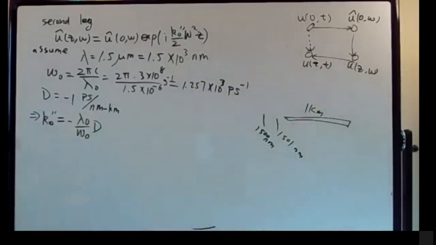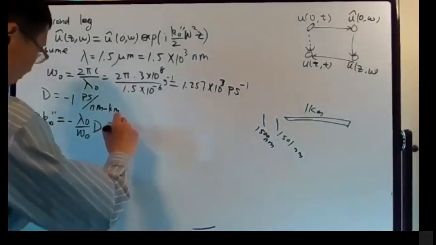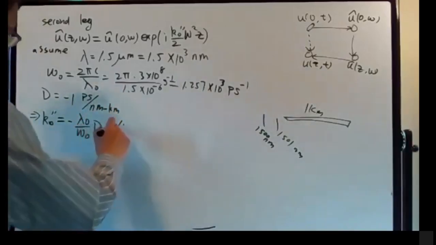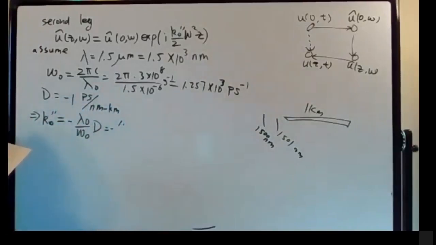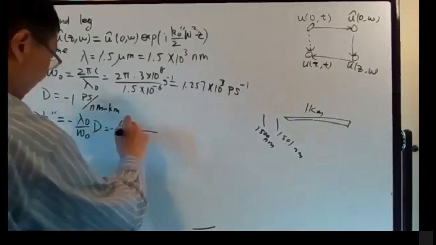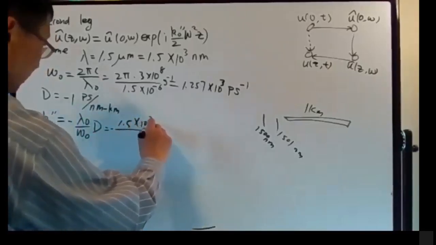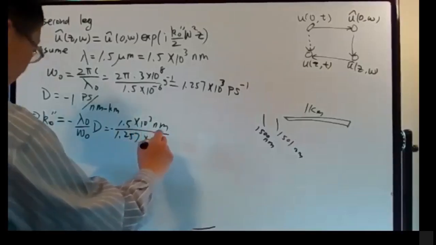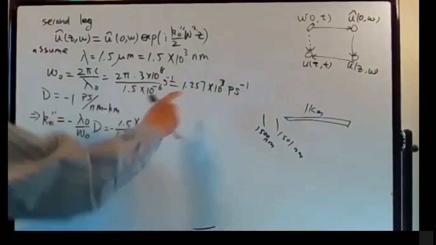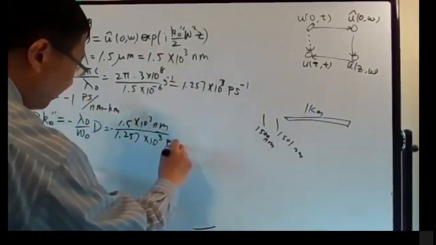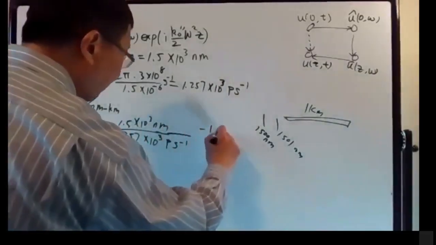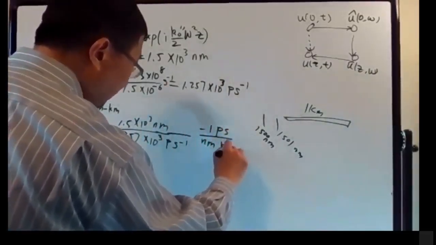Okay, so now we have lambda naught over omega naught D. Let's calculate it. It will be negative 1.5 times 10 to the third nanometer over 1.257 times 10 to the third inverse picosecond, times the dispersion D, which is -1 picosecond per nanometer per kilometer.